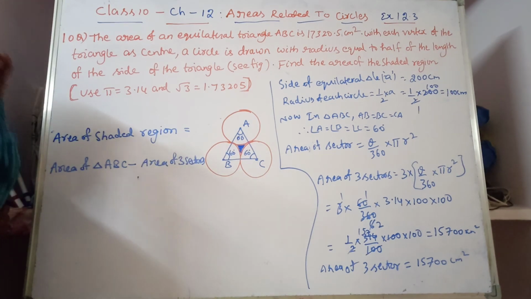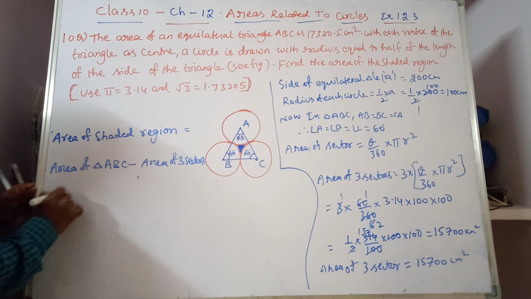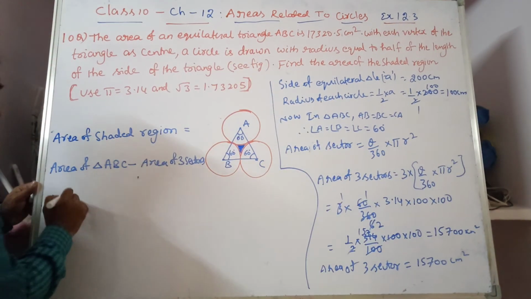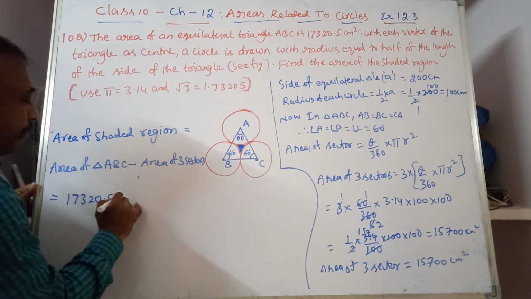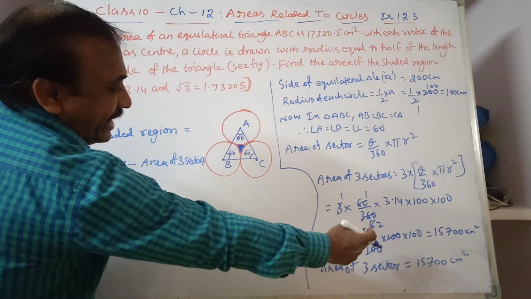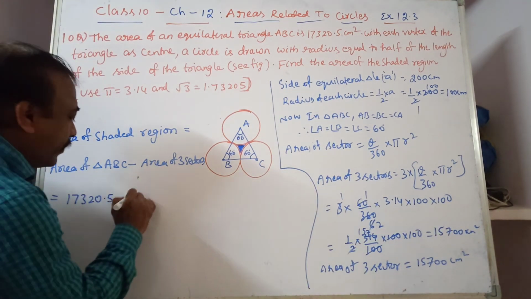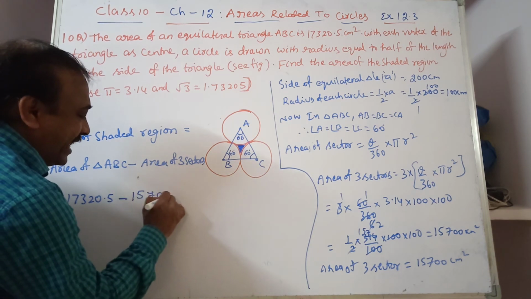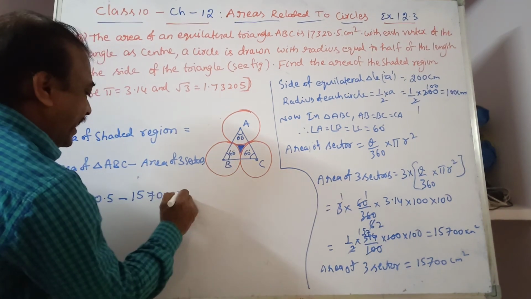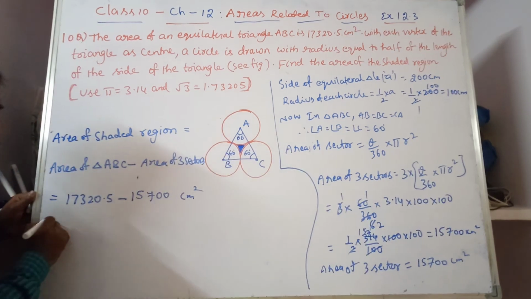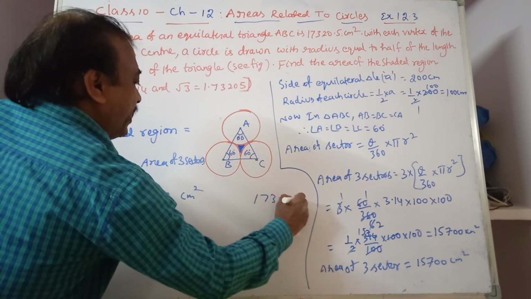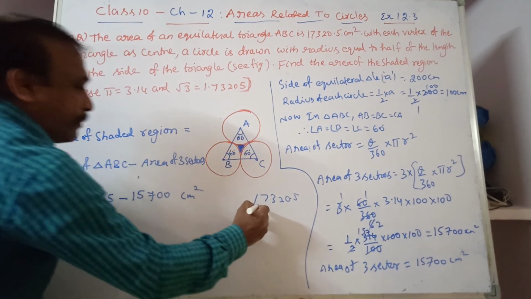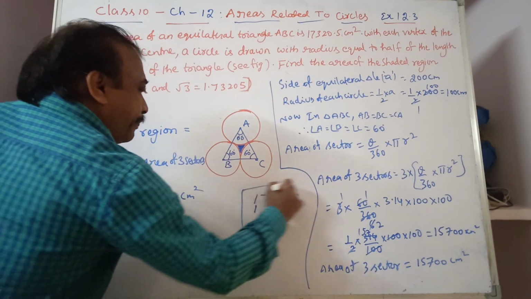What is the area of the triangle? We know it is given in the question: 17,320.5, minus the area of 3 sectors together, 15,700 centimeter square. So if you subtract 15,700 from 17,320.5, rough work here.